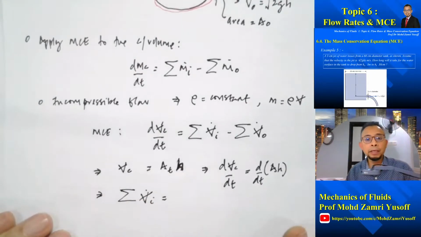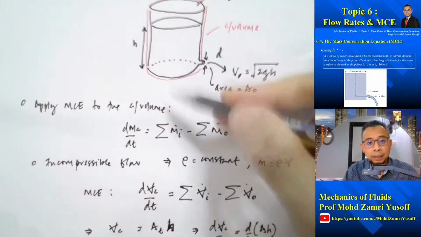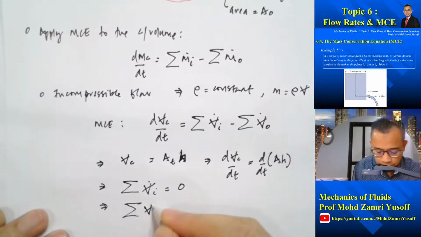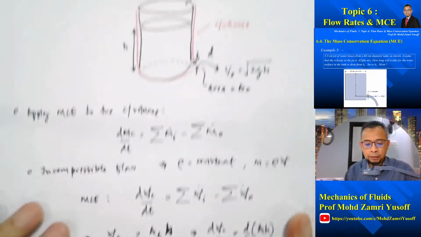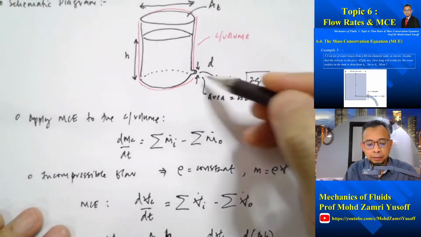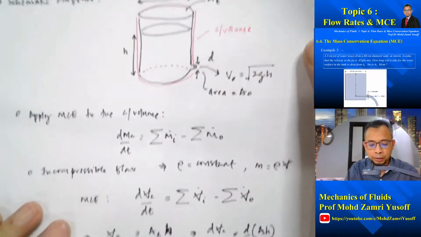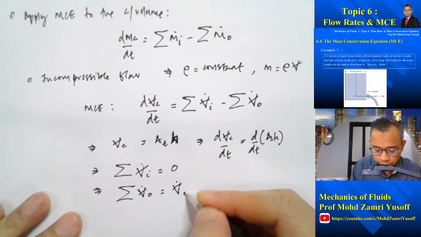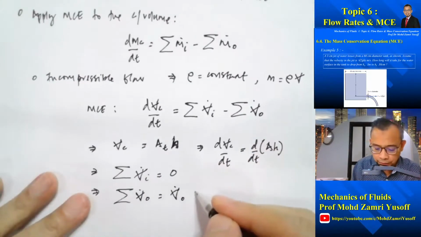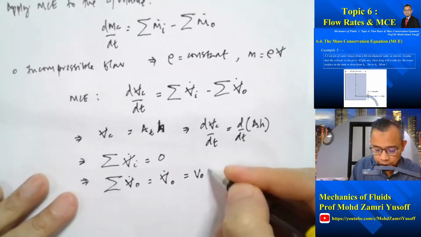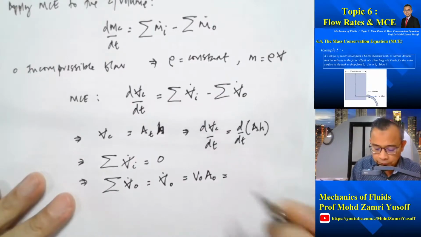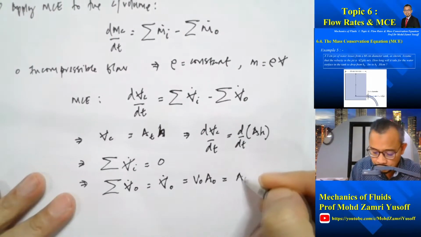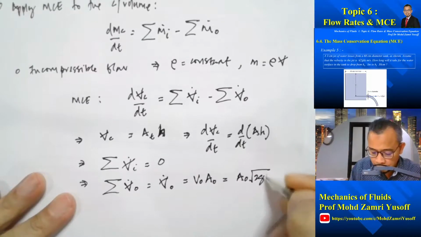The volume flow rate in, since we don't have any inlet, is equal to 0. Then the volume flow rate out, we only have one exit through the hole at the bottom. That is equal to V out times A out, and given that V out is root 2gh, that is a naught root 2gh.